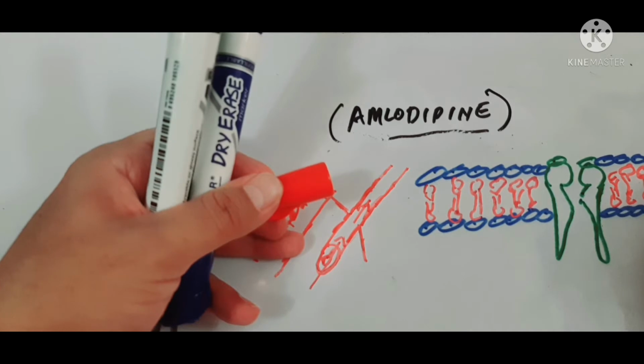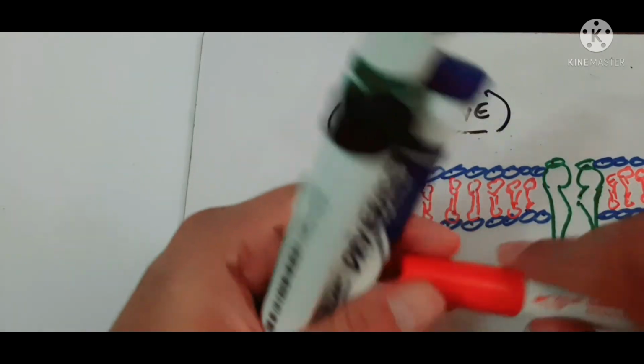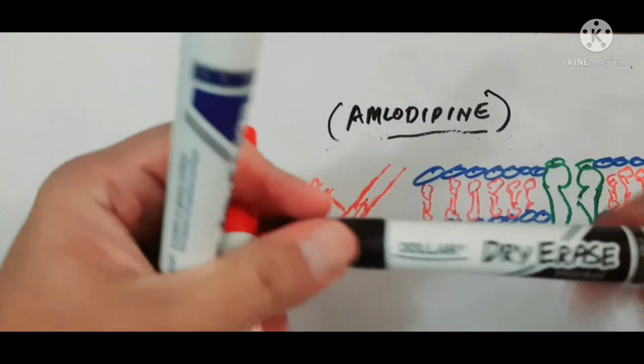The calcium channels are present in the smooth muscle of blood vessels and also in the heart muscles.